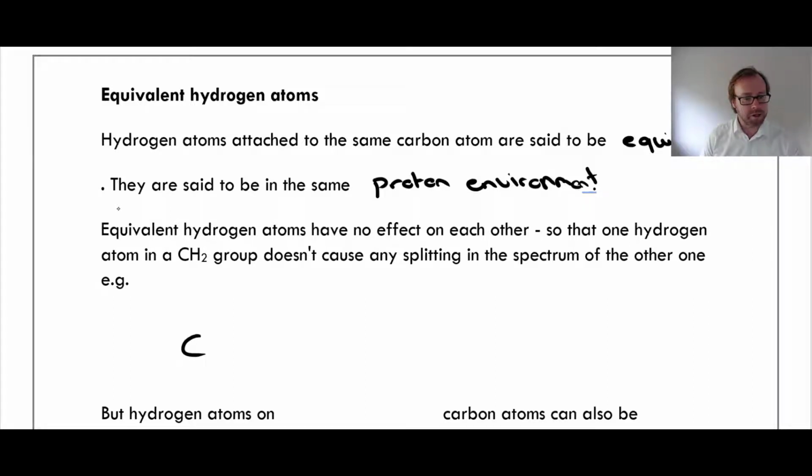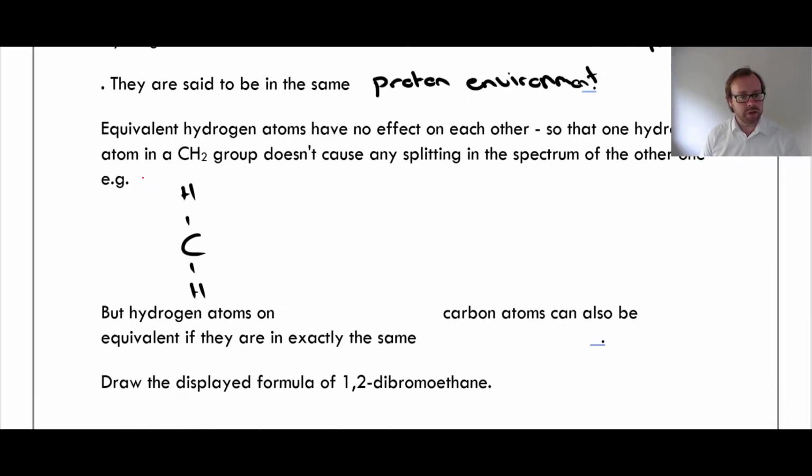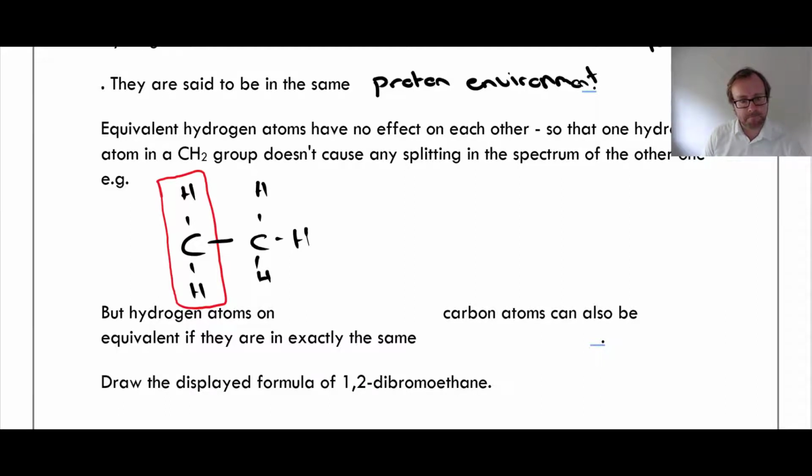For example, we have just said that hydrogens attached to the same carbon are equivalent, so we just get one peak. So this would be one peak on the NMR spectrum and one hydrogen environment. If I have another carbon attached to it, this would be another proton environment.